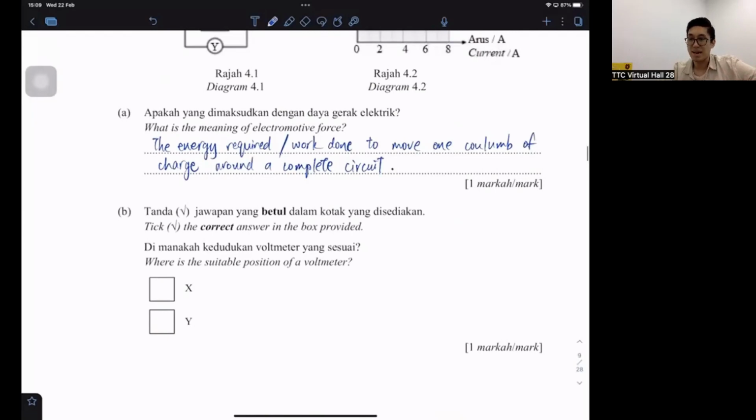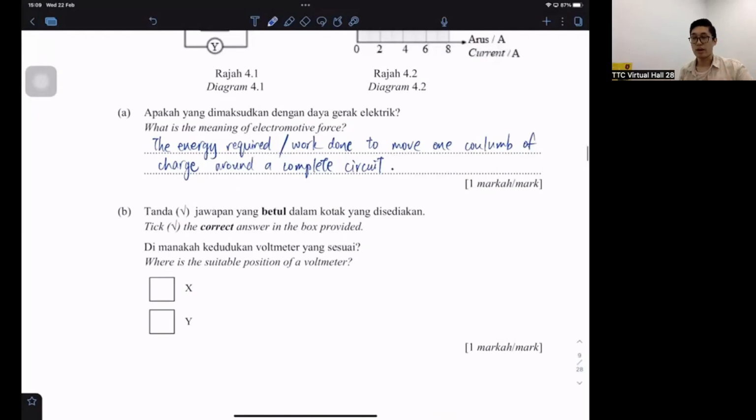So voltmeter must be connected in parallel. So either X or Y only. Cannot be A. A is definitely ammeter lah. So if you want to measure the potential difference of the resistor, of course you put it here across the resistor.